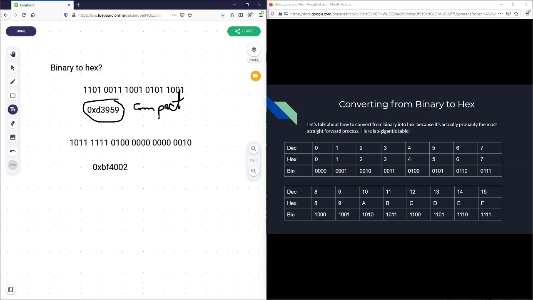All right. Are there any questions about how to convert from binary to hex or hex to binary? I think generally the answer is understand the table. I don't know if I want to say memorize the table, because it's more important to understand how to build the table, right? Converting from A to 10 to 1010, from B to 11 to 1011, these are all direct conversions.